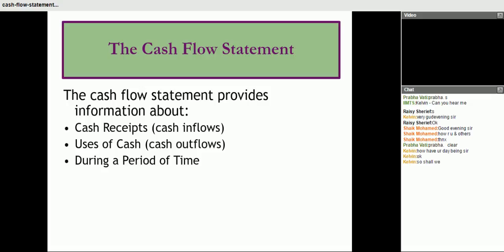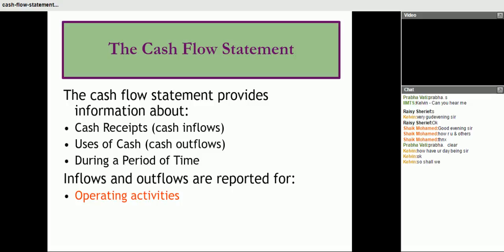Now suppose I want the details of the cash inflow and cash outflow for a particular quarter, or for a particular month, or for a particular date, then this cash flow statement is very helpful. Inflows and outflows are reported for operating activities, investing activities.